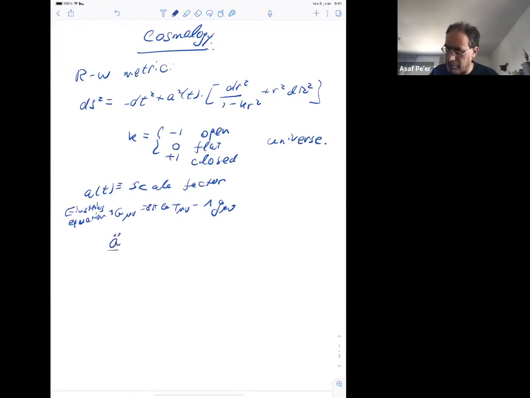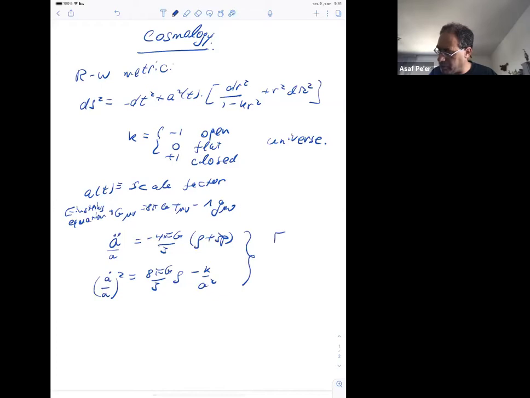A double dot over A is equal to minus 4 pi G over 3 times rho plus 3p, and A dot over A squared is equal to 8 pi G over 3 rho minus k over A squared. These are Friedman's equations, which are derived directly from Einstein's equation.